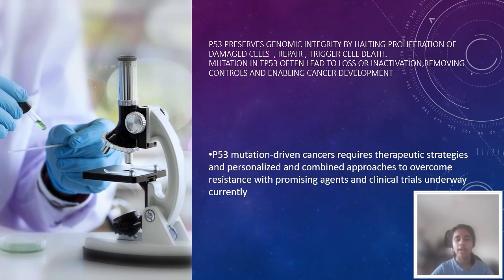Whenever there is a mutation in p53, it leads to loss or inactivation, which removes the control systems and in turn leads to cancer development. p53-driven cancers require new therapeutic strategies: personalized medicines and combined therapies to overcome resistance, along with proper healthcare and clinical trials.